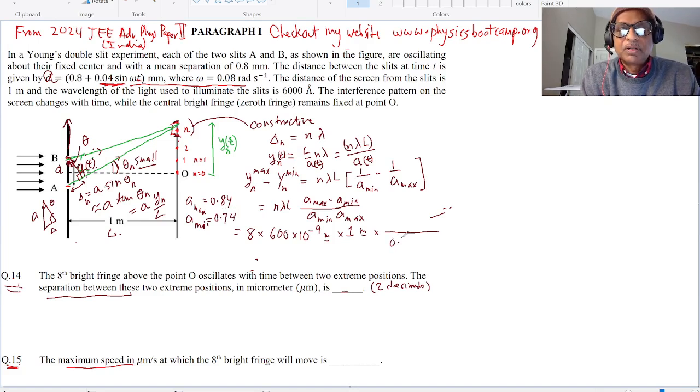So 0.74 times 0.87684, and then the difference will be 0.08. But these are millimeter square. This millimeter will cancel out.